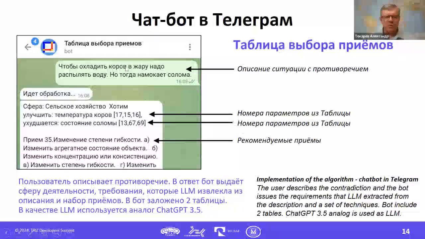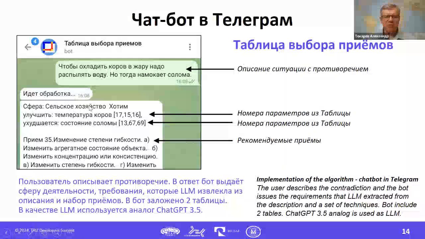So what we can see here: the user can type any text, for example, to cool down cows in hot weather, you have to spray water, but then the straw will be wet. So on one hand it's an improvement, on the other hand a worsening.